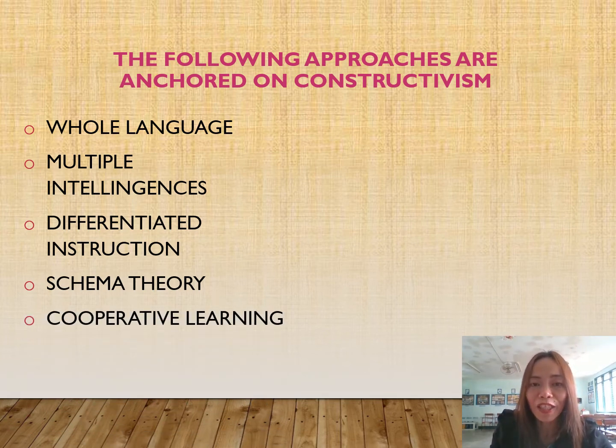So next is cooperative learning. Cooperative learning is a teaching method where students of mixed levels of ability are arranged into groups and rewarded according to the group's success rather than the success of an individual member.